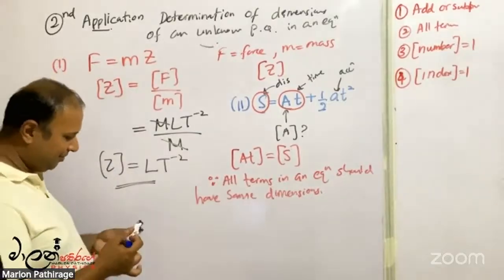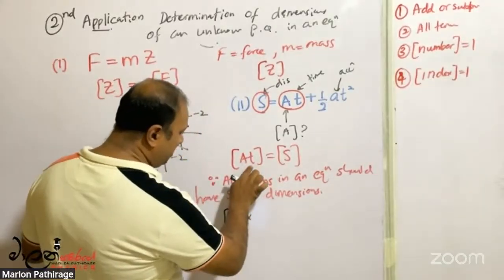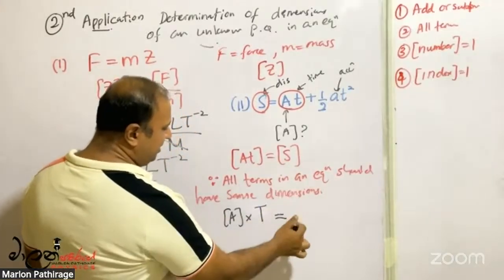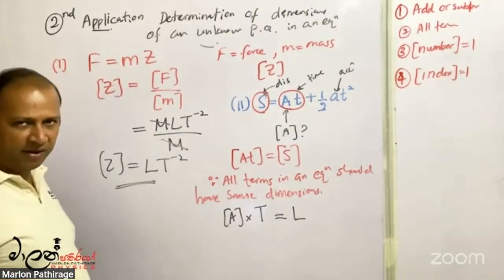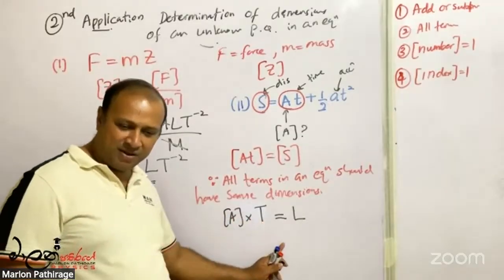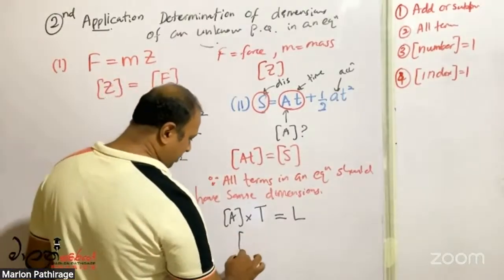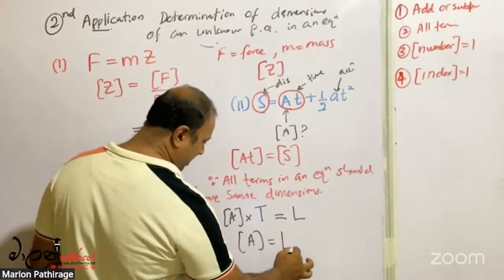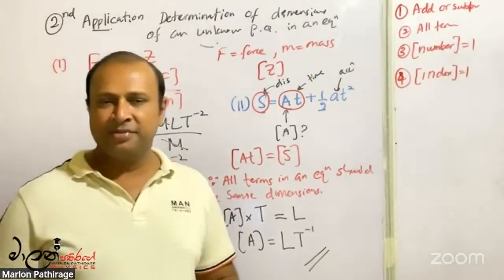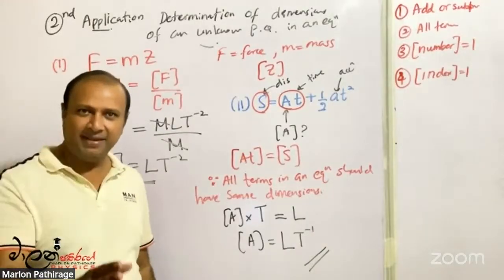Therefore, dimension of A into dimension of T, where dimension of T is capital T, equals dimension of S, which is L. Dimension of S means displacement is L. If you take T to the other side, it will be minus T. Therefore, the dimension of A is LT minus 1.